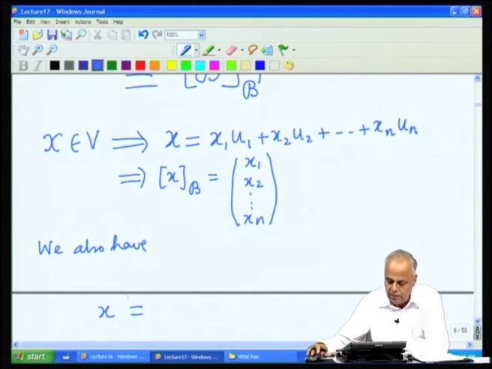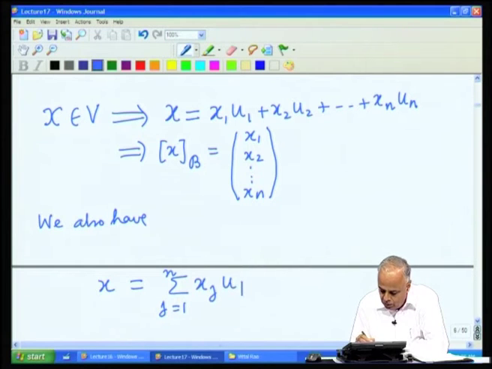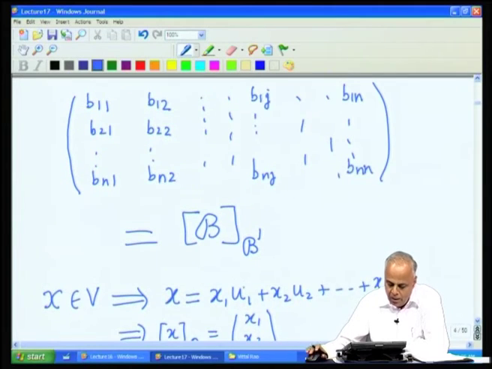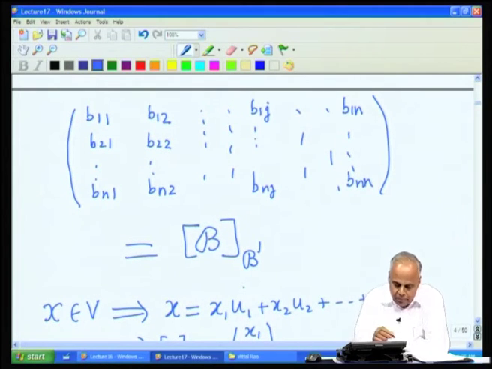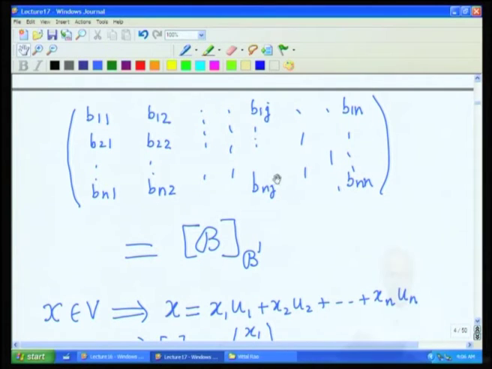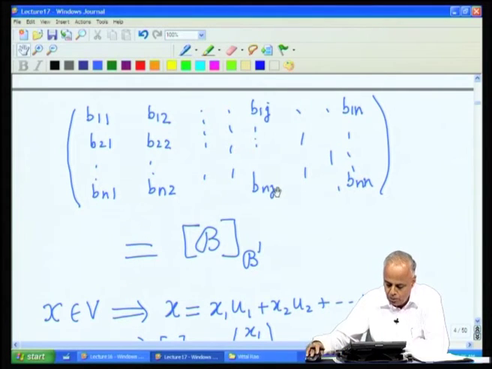If we write this in a compact notation to save time, we will write it as the sum of xj uj. Now, we have seen that the uj is precisely having this representation in the B prime basis. That means, uj is b1j u1 prime plus b2j u2 prime plus ... plus bnj un prime.